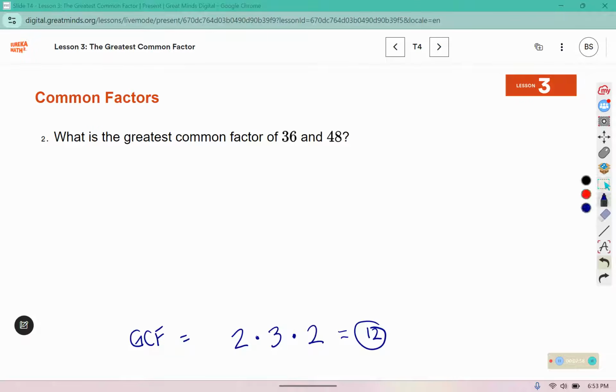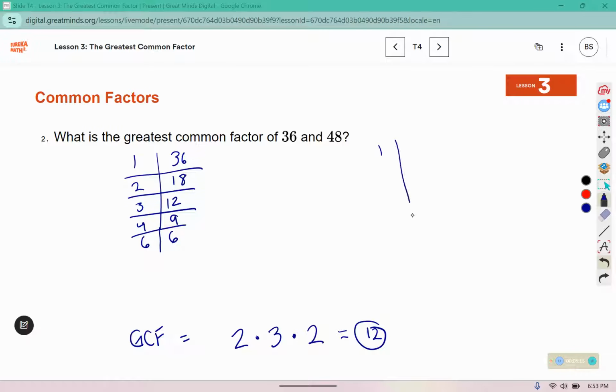Now you could also do this in that table style. 1 times 36, 2 times 18, 3 times 12, 4 times 9, 6 times 6.